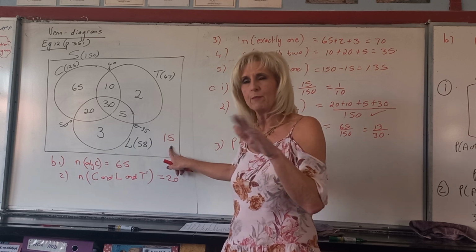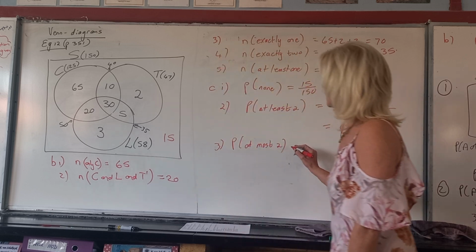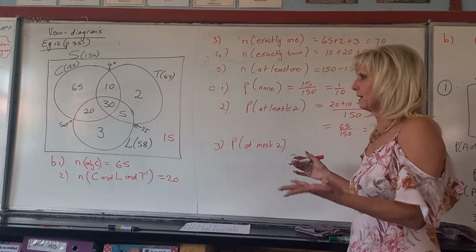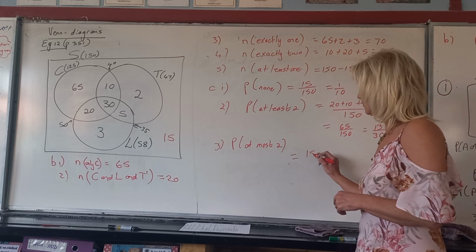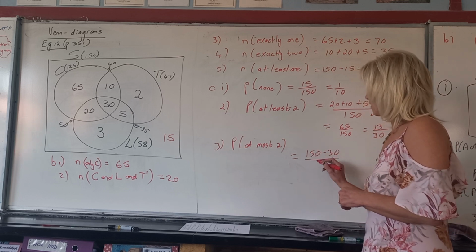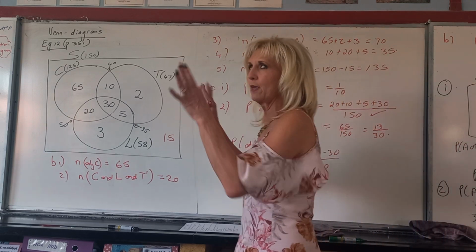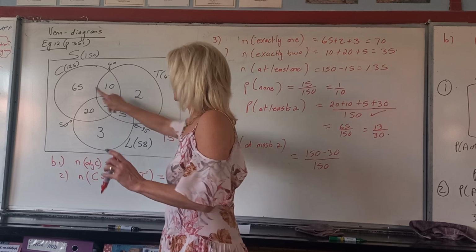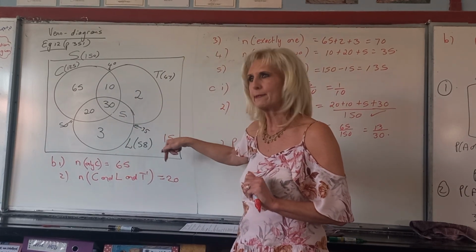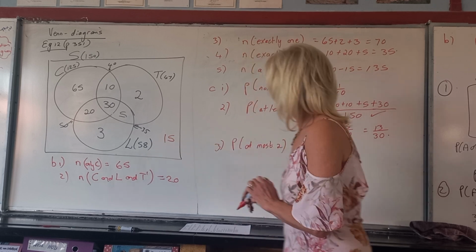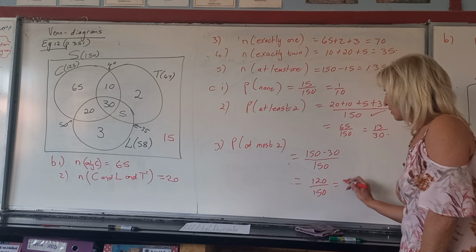At the very most, he must have 2. This one? Yep, it is. So, in other words, actually it's everything except for 30. So if I wanted to write 150 minus the 30 over 150, then I'm actually quite impressed with you that you thought it's everything. So there's 1, 1, 1, 1, 2, 2, 2. But don't forget about them. They also have at most. Okay, and that answer would be 120 over 150, which is 4 over 5.